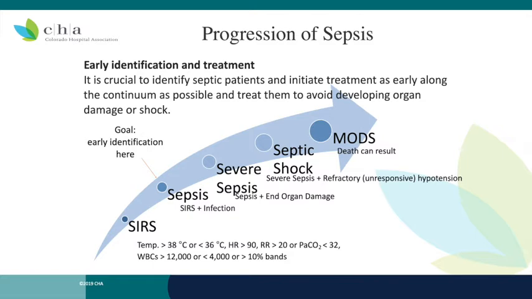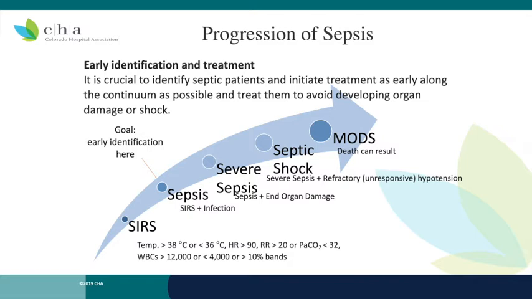So after SIRS, we move on to sepsis. And sepsis is the presence of at least two of the qualifying SIRS criteria plus a known or probable source of infection. And it's important that we identify sepsis at this stage, because this is where we can really affect the most positive change. Because as they begin to progress up the scale here, it's going to be harder and harder to treat them, and their survivability just decreases.